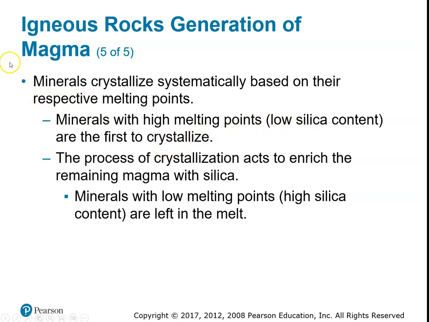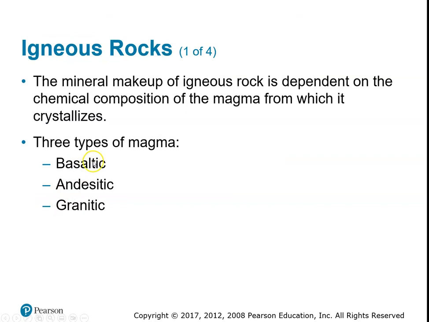As you get below the temperature that those things crystallize, those low silica rocks will crystallize first, and then when it finally gets down to a low enough temperature, you'll get stuff like quartz. So minerals with low melting points, high silica, stay melted, as that implies.